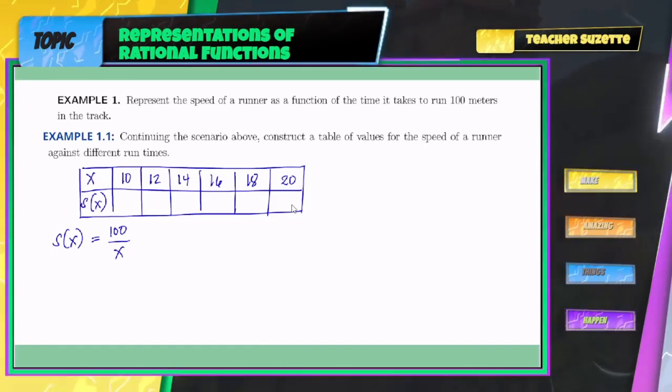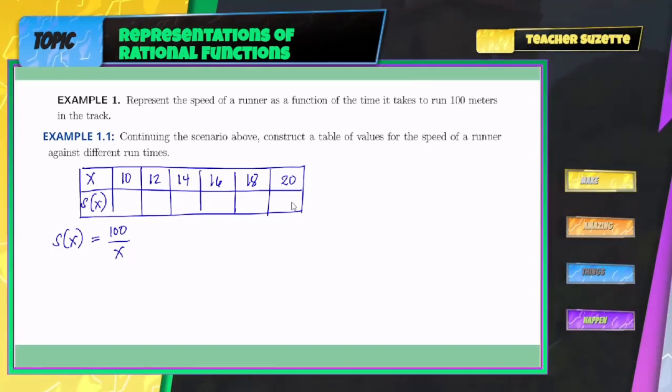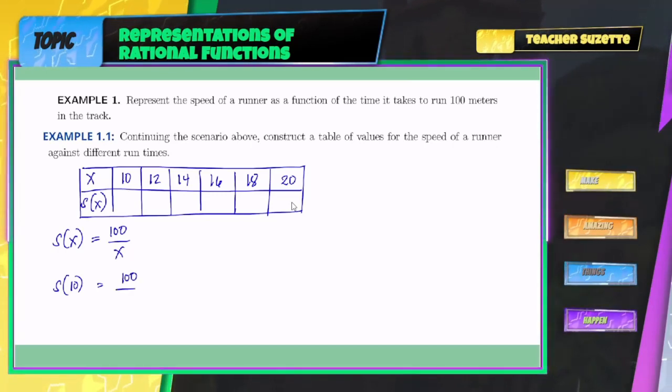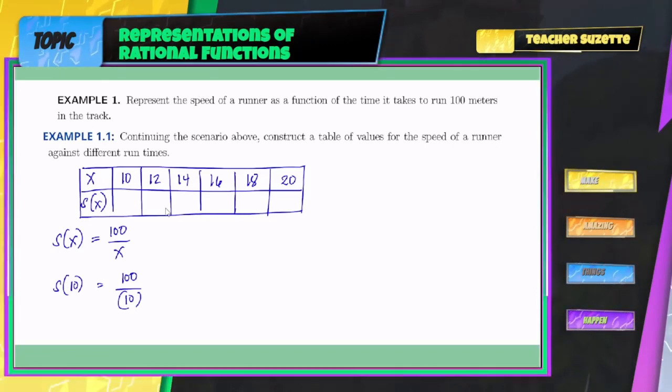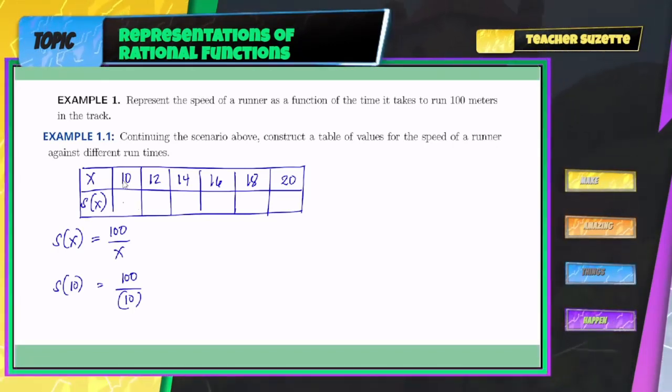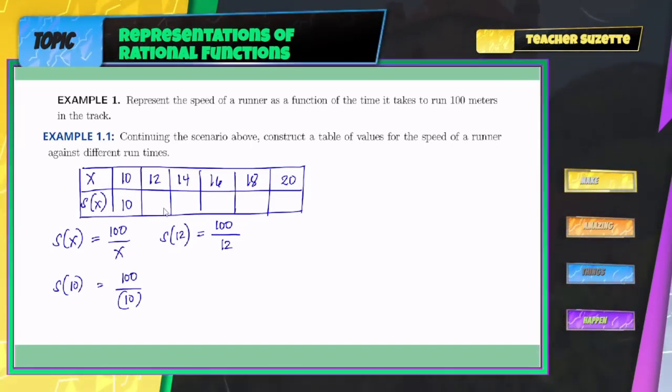Now let's solve for the s of x. Ang s of x natin makompute lang when we plug in our values of x sa ating pinaka-function. So s of 10 is equal to 100 divided by 10, and 100 divided by 10 is equal to 10. Then s of 12 is equal to 100 divided by 12, which is 8.33.